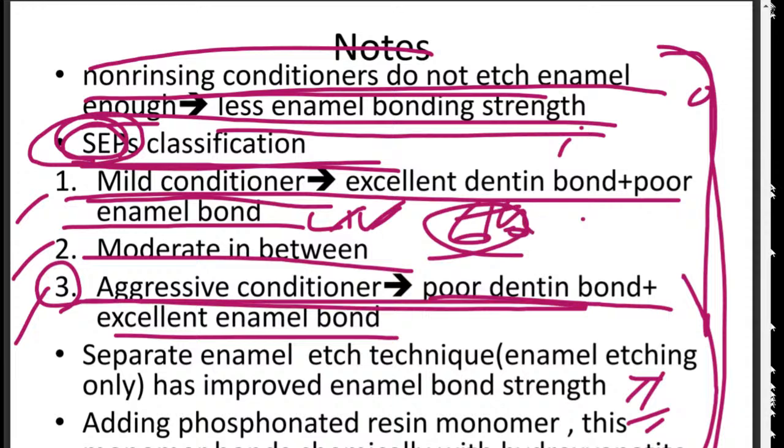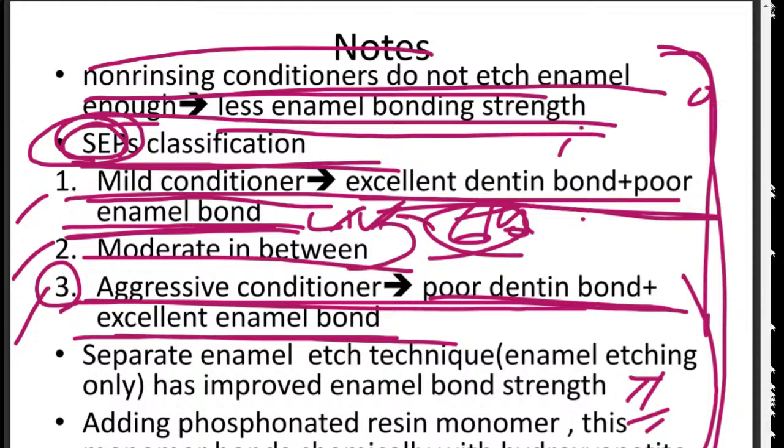You either get a poor dentin bond and excellent enamel bond, or you get an excellent dentin bond and poor enamel bond. But the best way is to do it moderately in between to get a moderate dentin and enamel bond. This is all about nourishing conditioner, which could etch enamel enough.